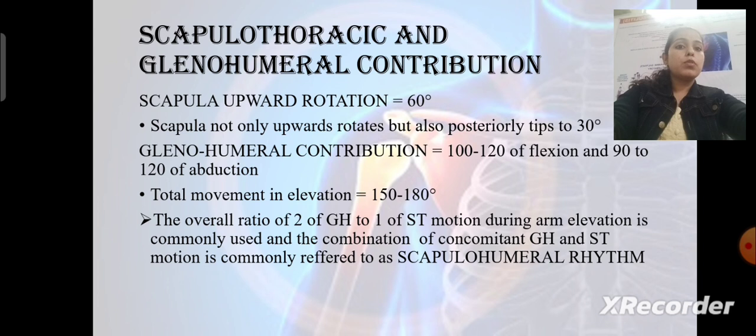With the help of glenohumeral contribution, 100 to 120 degrees of flexion, 90 to 120 degrees of abduction, and the total movement in elevation is 150 to 180 degrees. So the overall ratio is 2 of glenohumeral joint to 1 of scapulothoracic motion during arm elevation, and the combination of concomitant glenohumeral and scapulothoracic motion is commonly referred to as the scapulohumeral rhythm.